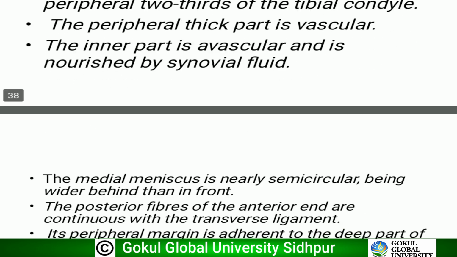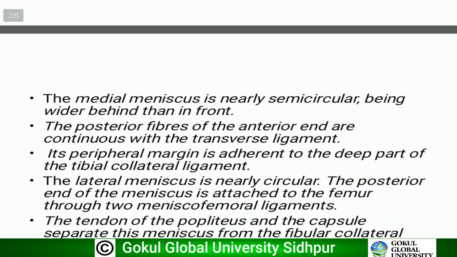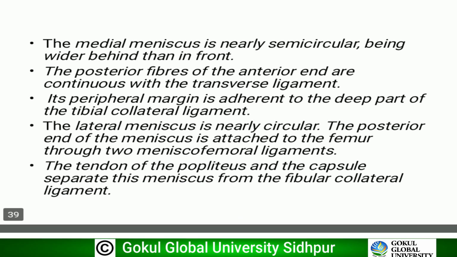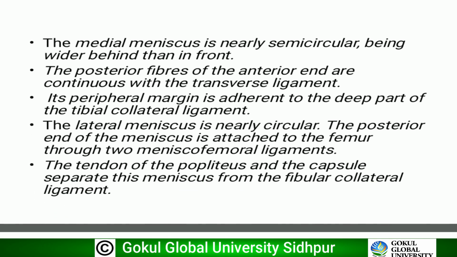Now you have to remember the difference between the medial meniscus and lateral meniscus, like shape, its end, thickness, etc. The medial meniscus is nearly semicircular in shape, being wider behind than in front. The posterior fibers of the anterior end are continuous with the transverse ligament.